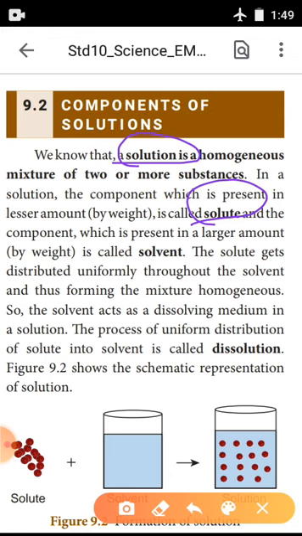Yes, very good. Salt and sugar. Then what are the examples of solvent? The liquid particles. For example, water. Water is a solvent. Then what is solvent? Yes, very good. The component which is present in a larger amount, that is solvent. Is it clear?